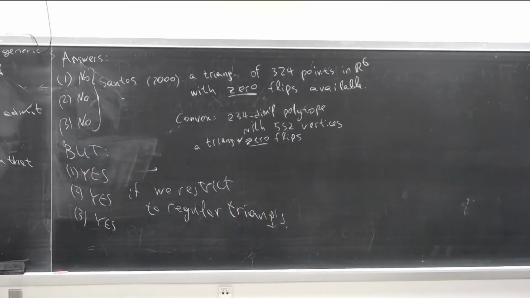Remember, for polygons, all triangulations are regular. So what the associahedron actually captures is the structure of the regular triangulations, and that works for arbitrary point configurations. That's a construction which is pretty cool, and I'm going to try to explain right now. Any questions so far?